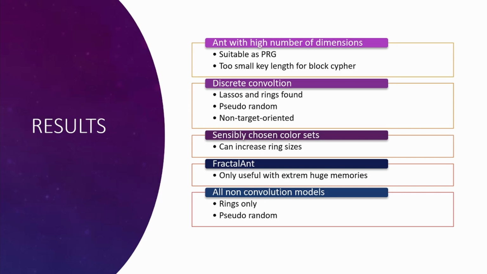But if you choose a very nice pattern, you can increase the ring sizes produced. You're not visiting the memory cells so fast, so in some parts, depending on what you configured, you may make more movements that hit the same memory cell often and then change to other memory cells and recolor them.